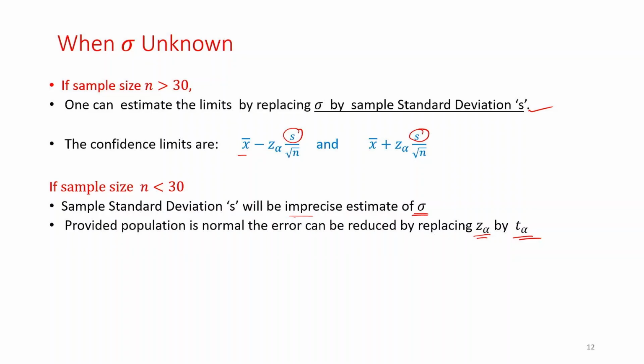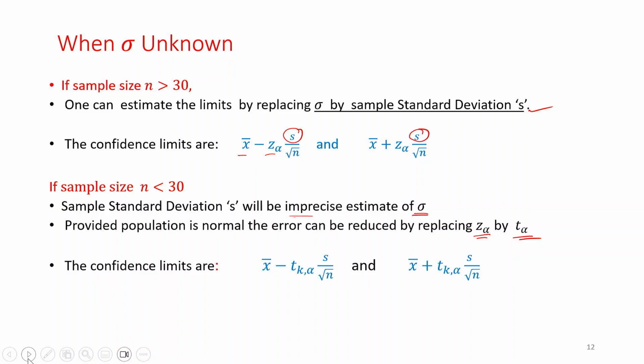So when n is small, instead of finding the z alpha value, we find the t alpha value. The rest remains exactly the same. So now the limits will be x bar minus t k alpha S by root n, x bar plus t k alpha S by root n.